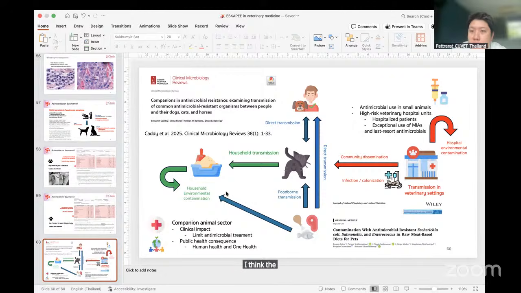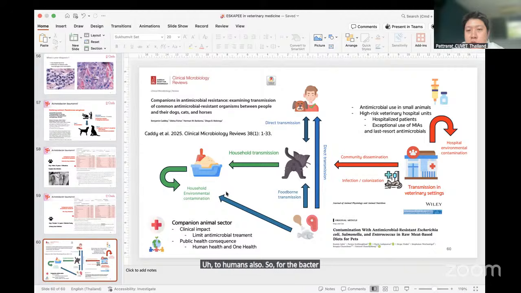I think the problems should be for the problems in wildlife. My team is studying in zoos, and we are focusing on the transmission of AMR from animals to humans also.